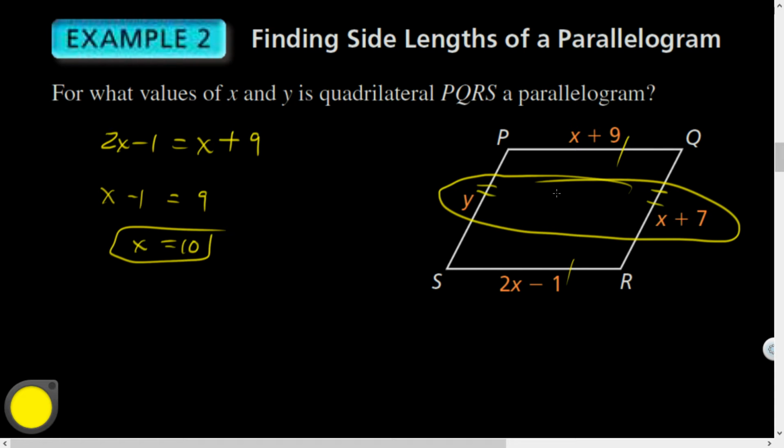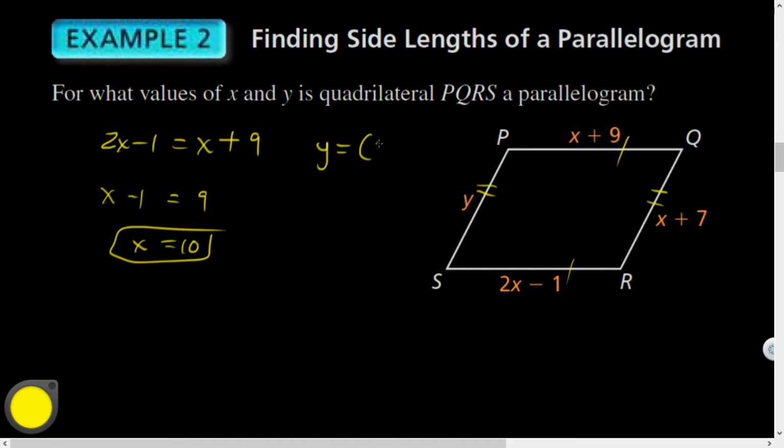I can more quickly find the value of a variable this way. And then y is going to equal x plus 7, which is 17. And so only for these values of x and y could we conclude that this is a parallelogram.